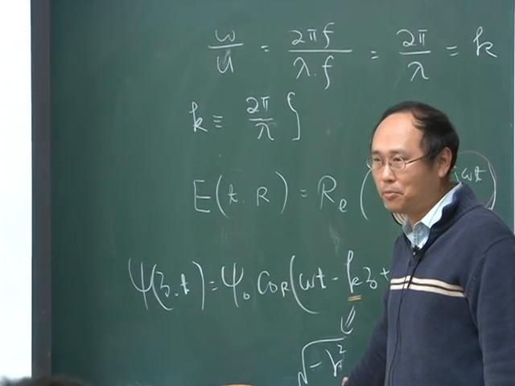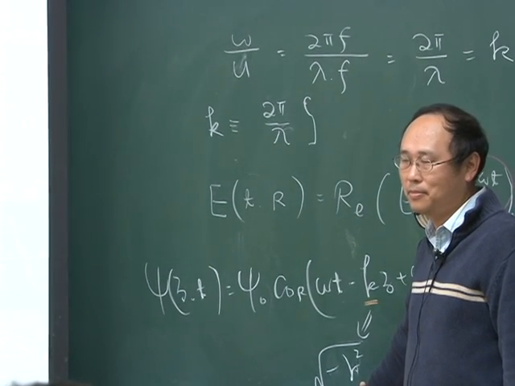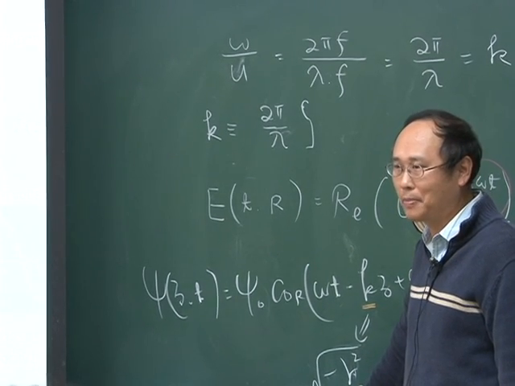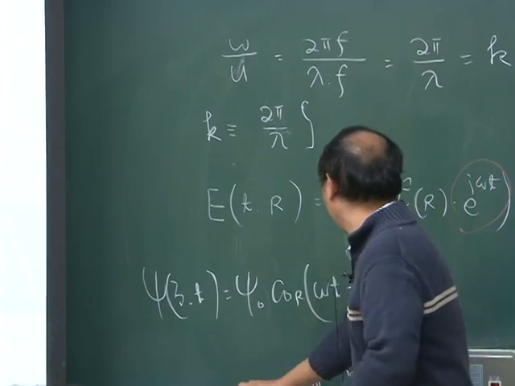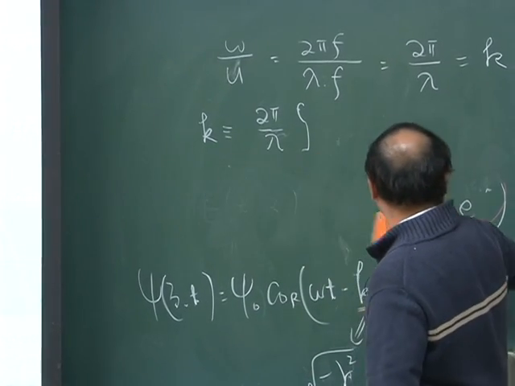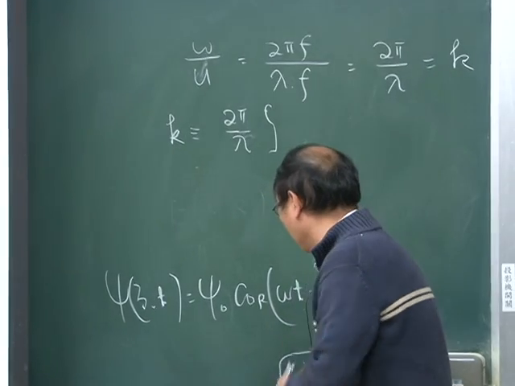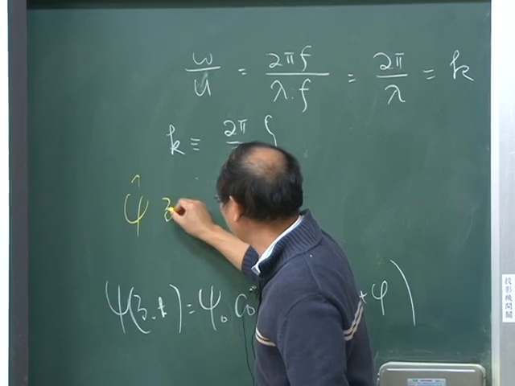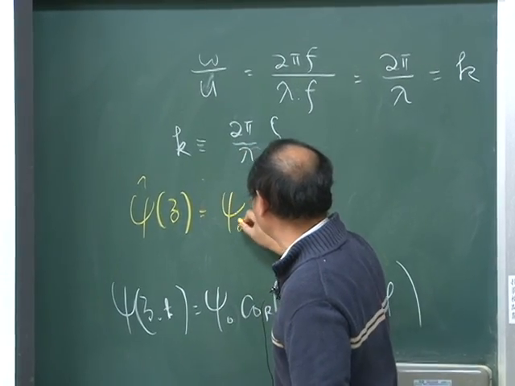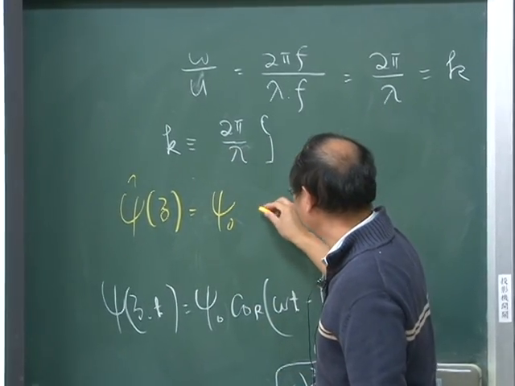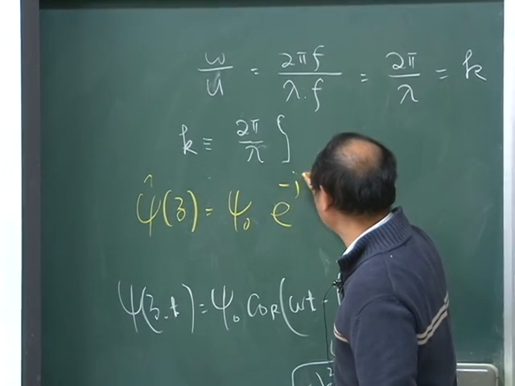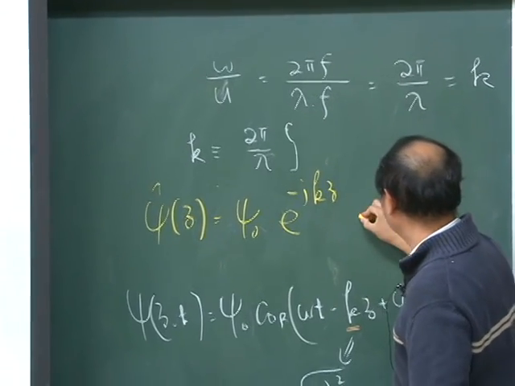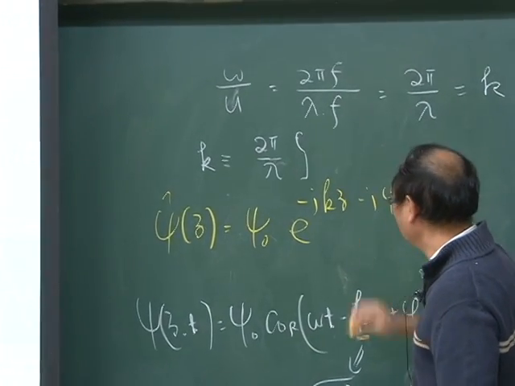Gamma could be a complex number. Okay, so it's better to deal with the complex notation. So let's convert this back to complex notation. That is Phasor notation, only a function of z. So this is sort of some amplitude in front, and then this is exponential minus j k z, and there could be some initial phase.